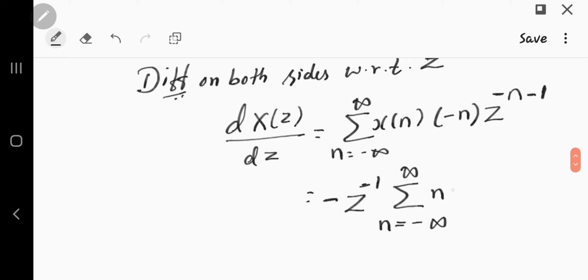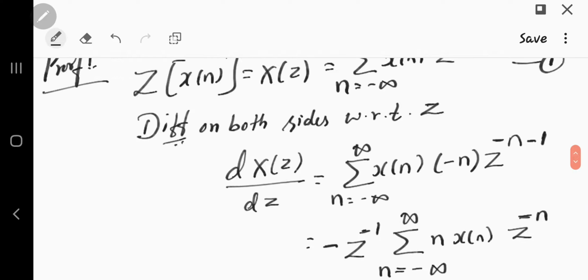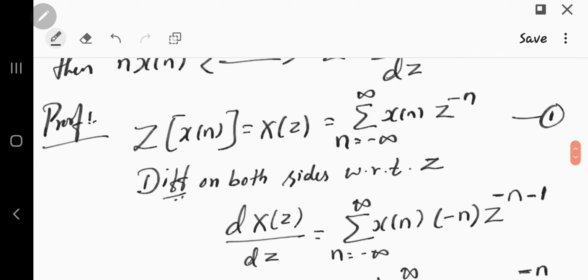So I will write n here and here x of n and z to the power of minus n. So this minus I have taken outside. Okay, so that won't change anything here. Now based on this, I can write this as minus z inverse.